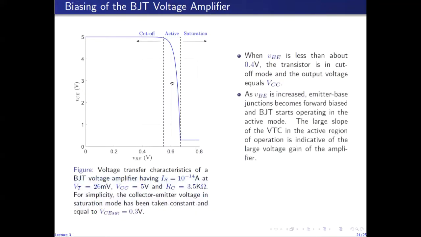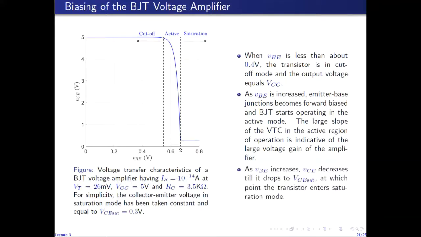So this large slope is indicative of the voltage gain. That is, we get a large change in the output voltage corresponding to a small change in the input voltage. The ratio of delta VCE to delta VBE, which is the slope of this curve, is the voltage gain of this amplifier.